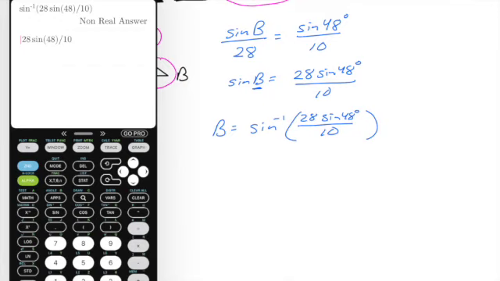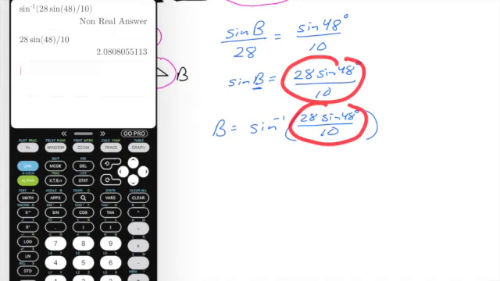And here's really the problem, that inner expression there, 28 sine of 48 divided by 10. Notice how much that is. That's 2.0808 if you were to just reduce this right here. And you're saying the sine of some angle equals 2.08. And you should know by now, the sine of an angle can never be bigger than 1.